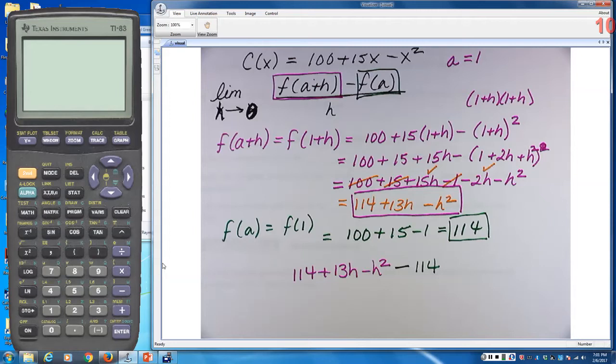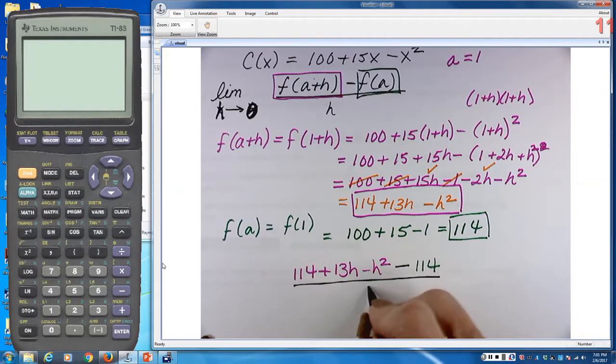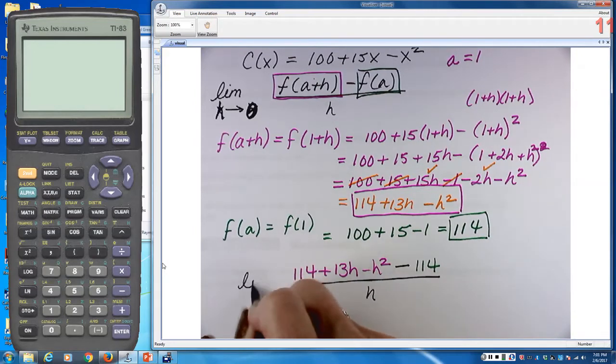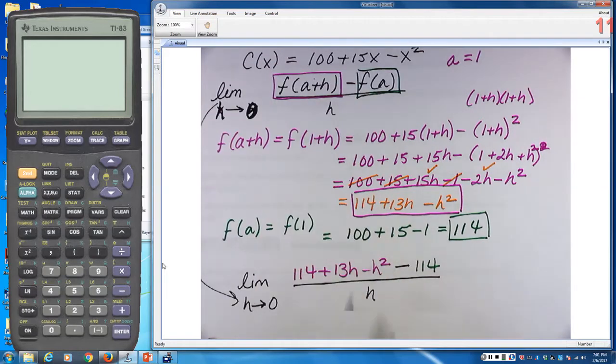Because what I'm ultimately going to do with this is divide it by h and find the limit as h approaches 0. That's how I'm going from here to here. I did this part first so that we didn't lose track of anything. Any questions so far?